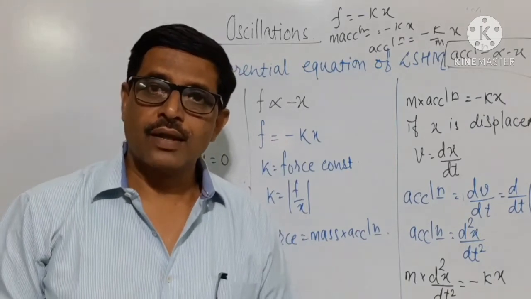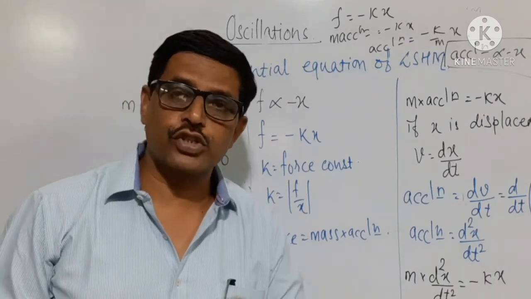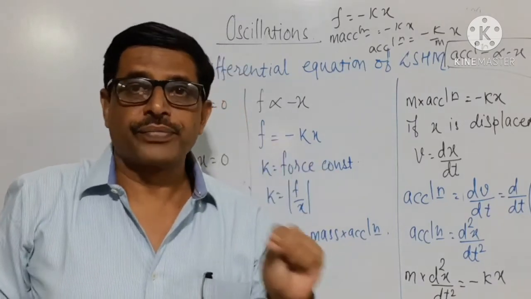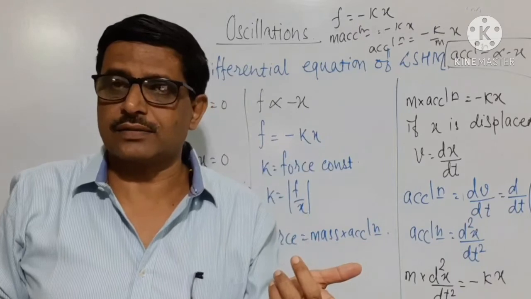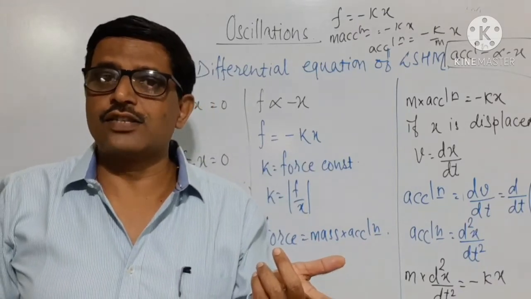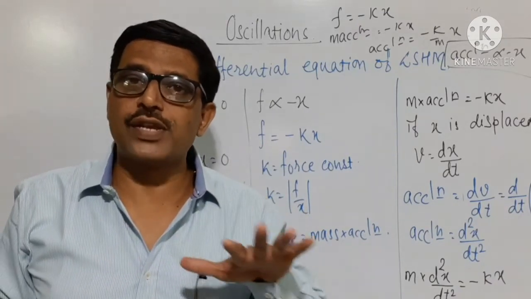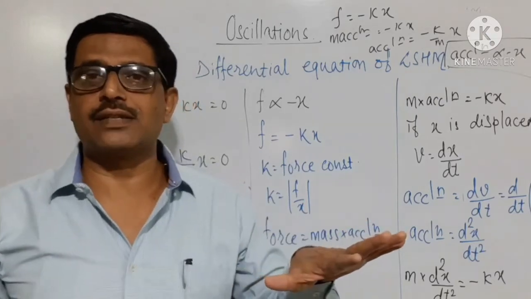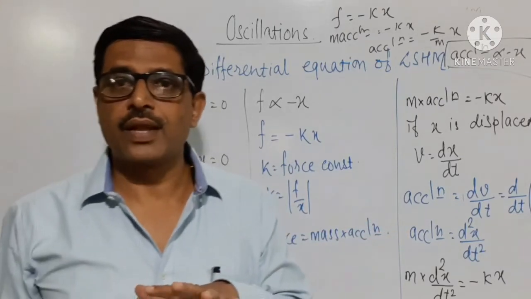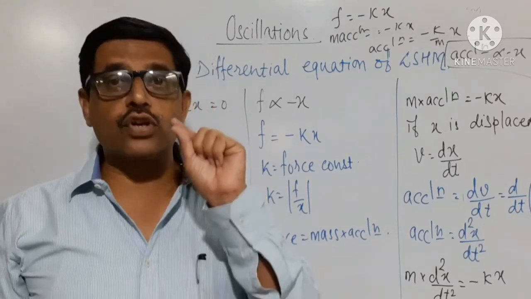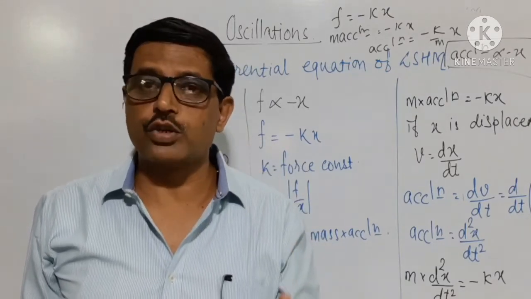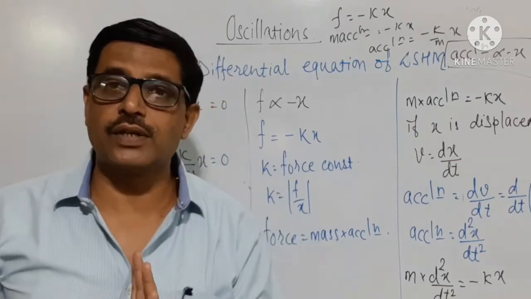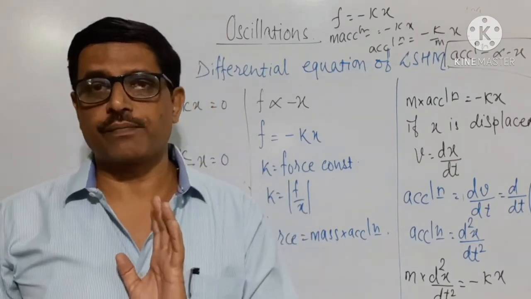Therefore, linear simple harmonic motion is the linear periodic motion in which force or acceleration is always directed towards a fixed point, and that fixed point is the equilibrium, and the magnitude of force or acceleration is directly proportional to displacement measured from the equilibrium position.